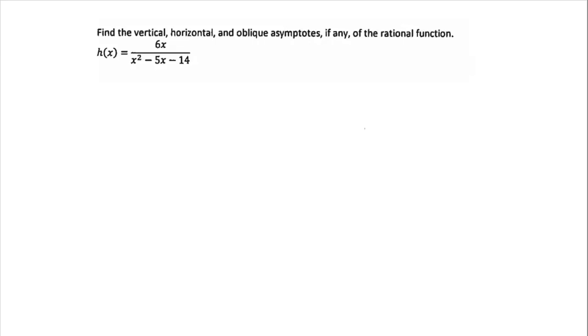Okay, so this next one wants us to find 3 things, if possible. So this is a rational function. Rational just means a fancy way of saying fraction form. So we want to find the vertical, horizontal, and oblique asymptote.